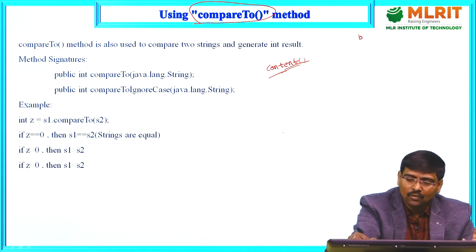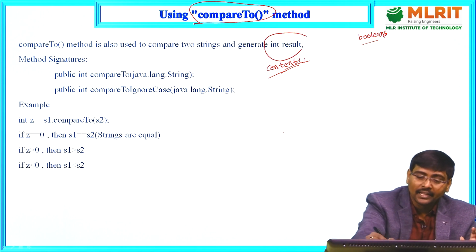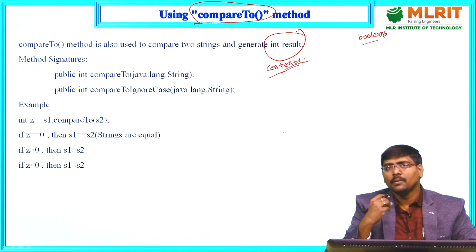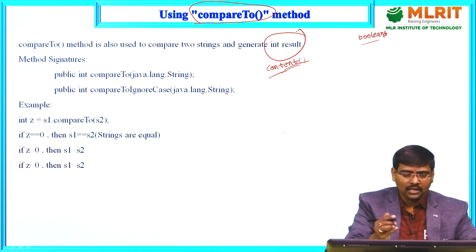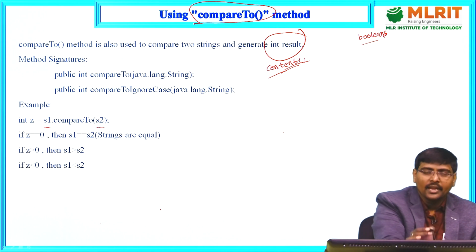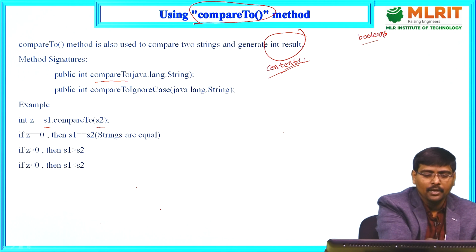In the equals method, it returns a boolean. But in this method, it returns some integer result. What is meant by that particular integer? Assume S1 is one string, S2 is another string. The method name is compareTo, return type is integer.